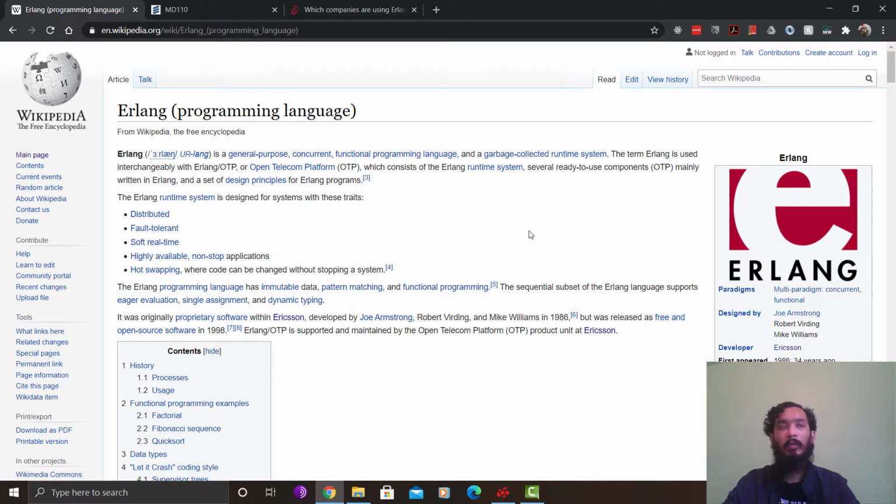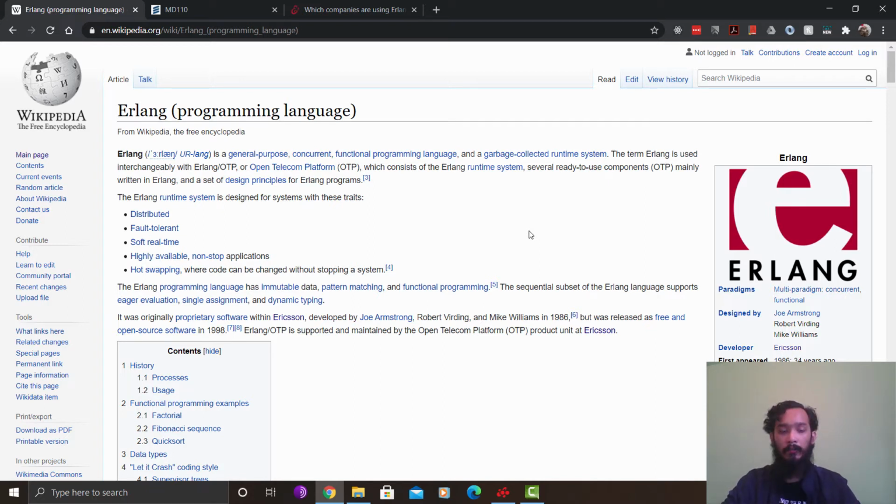Now, Erlang was made in the early 80s. That's when development began. And it began in a company called Ericsson. So this is a Swedish telecom company. And they do stuff like they build hardware and equipment for telephone exchanges, for 3G, 4G, 5G, all these different kinds of networks.